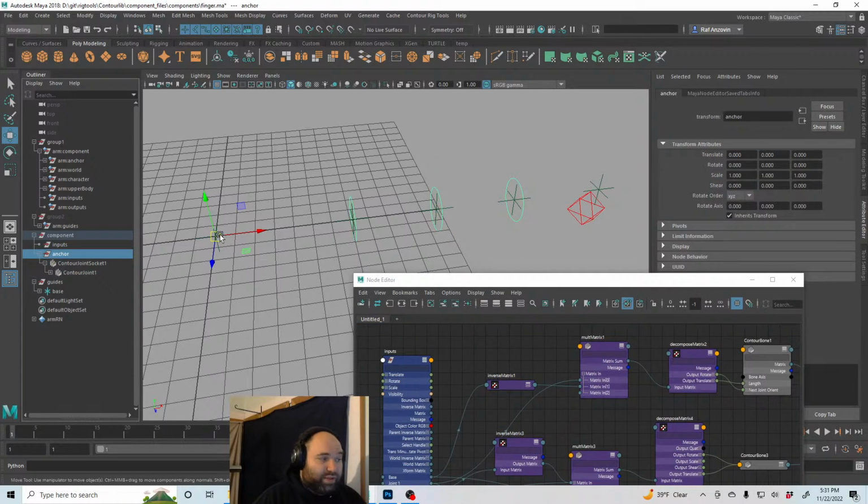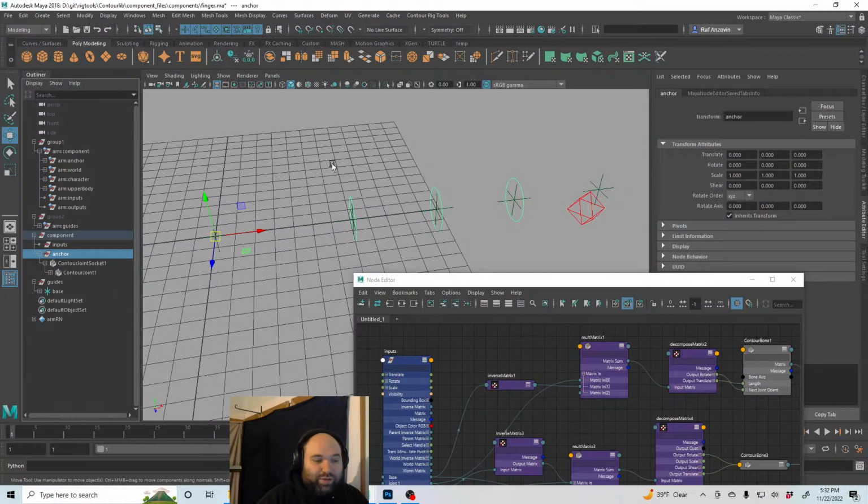So the anchor is something that is always identity, as they would say, which is math talk for it's at 0, 0, 0, 0. And we need something like that for these world space matrices to be relative to, that will nevertheless move around with the parent.